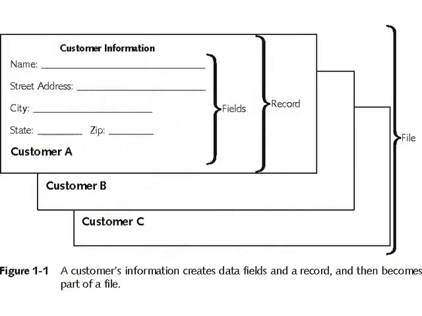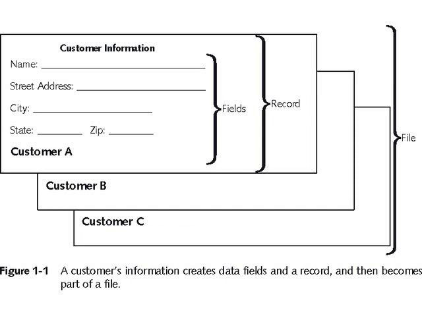Let's look at the next slide. This is the common receipt. You will find that at a grocery store or banks, you will see the field names: name, street address, city, state, zip.